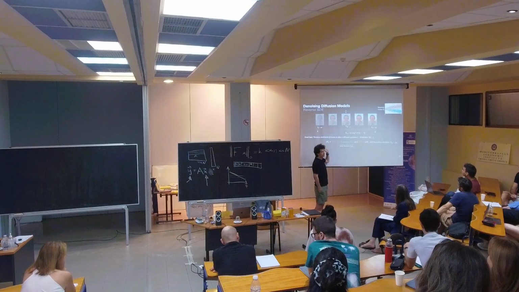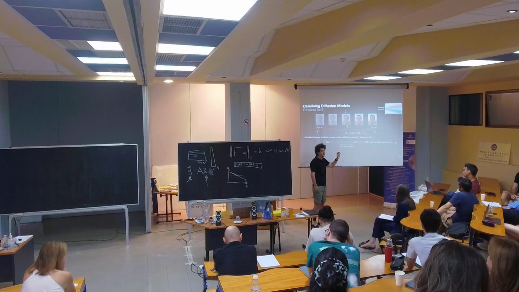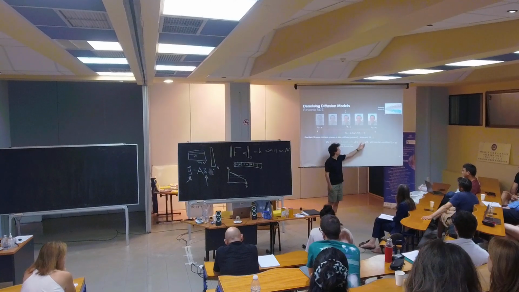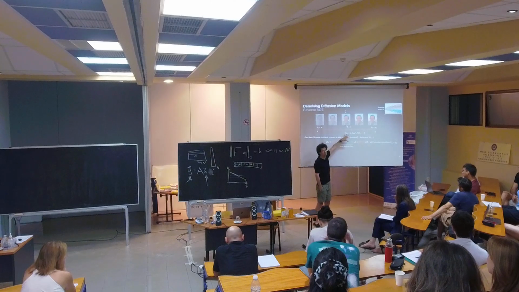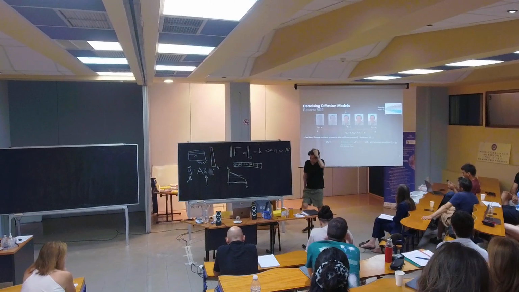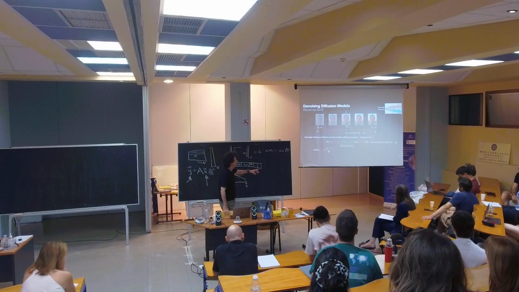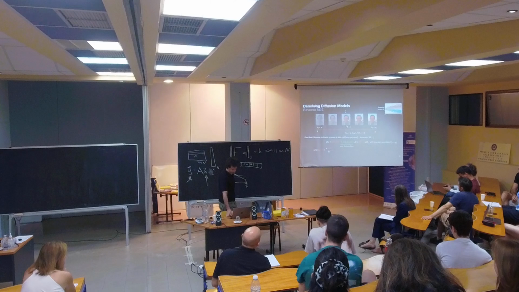The cool fact is that this is still a diffusion process. So you still have Brownian motion driving it, but you have this drift. Again, this function is just the gradient of the log density.